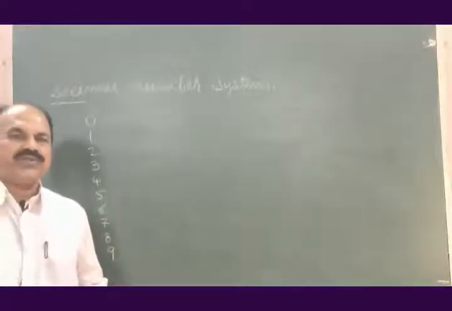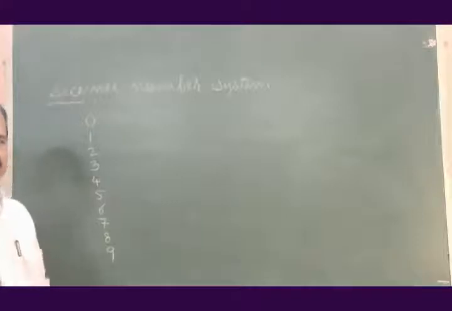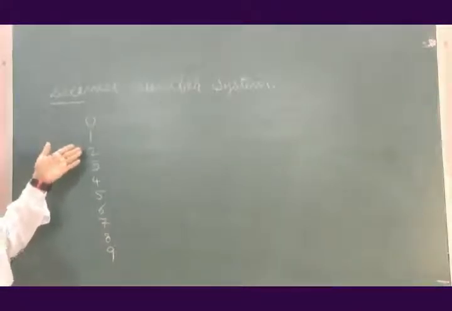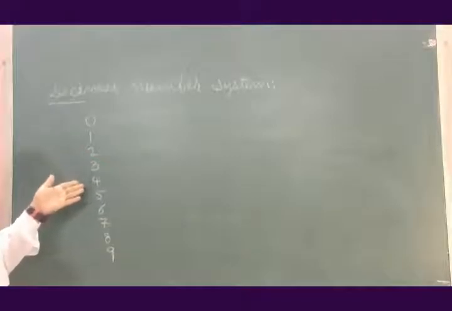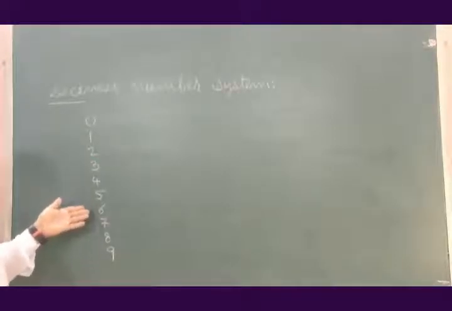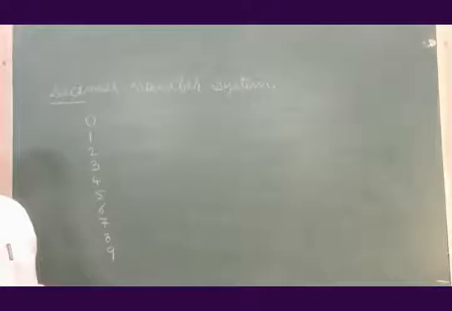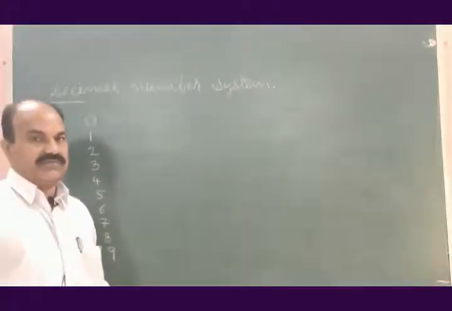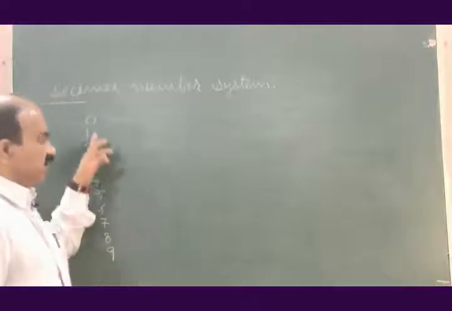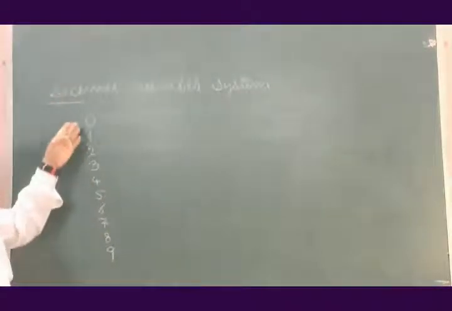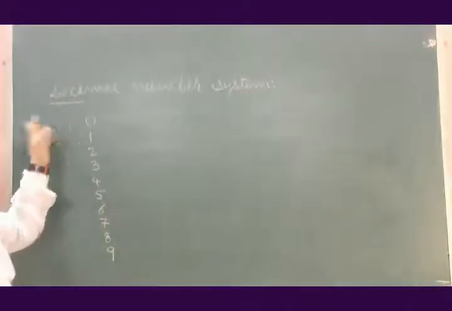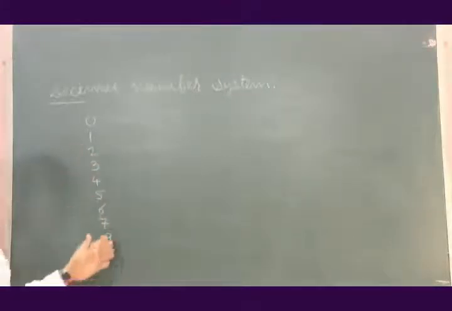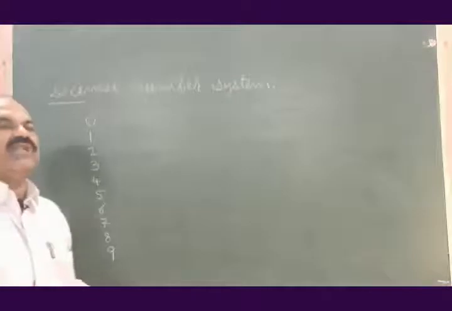The symbols used in decimal number system are 0, 1, 2, 3, 4, 5, 6, 7, 8, 9. Using these symbols, we count up to 9. This count is 0, 1. This count is 2, 3. We have counted up to 9.